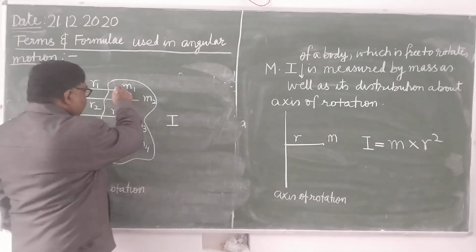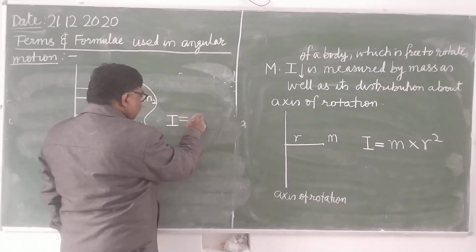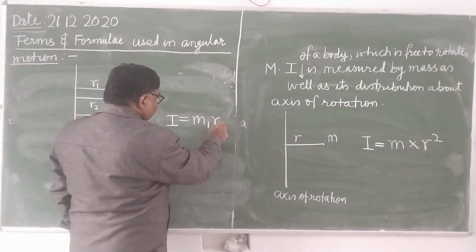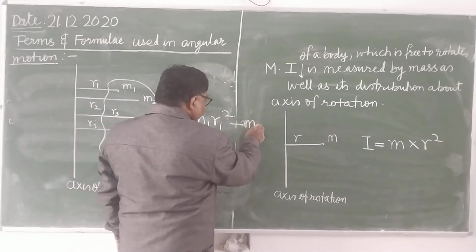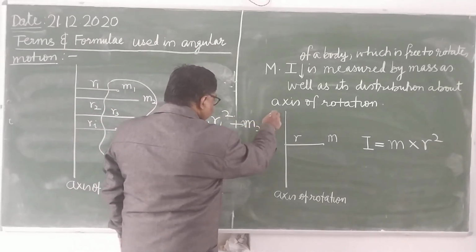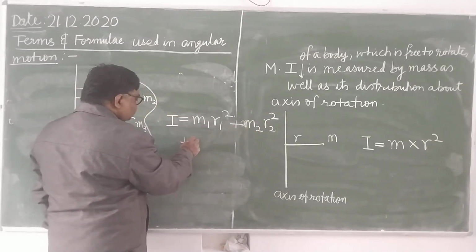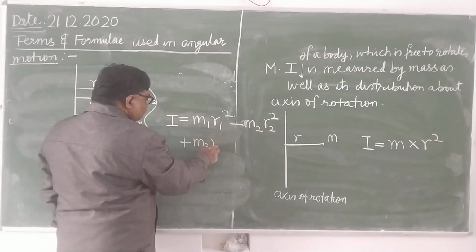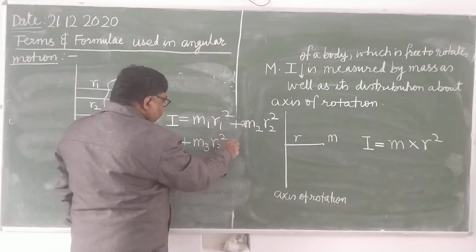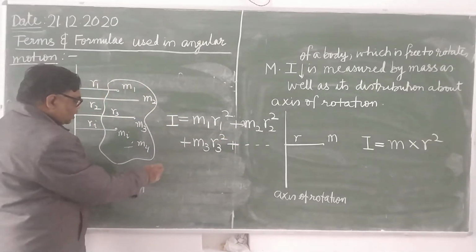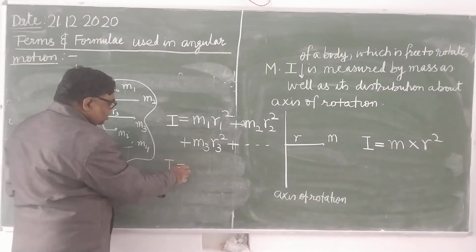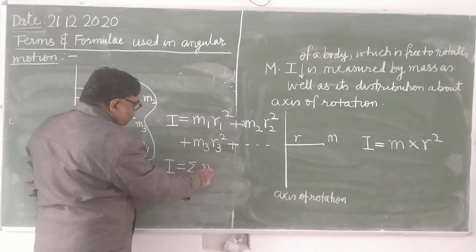Means what is the MI of m1? m1 r1 square plus m2 r2 square plus m3 r3 square, and so on. This we can write as I equals sigma mi ri square.